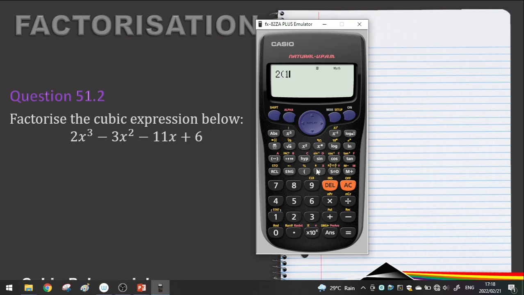So we can start again with 1, and then we cube that, minus 3 times 1 squared, minus 11 times 1 plus 6. Okay, that gives us minus 6. That's not going to work, so let's try minus 1. That equals 12, not going to work.